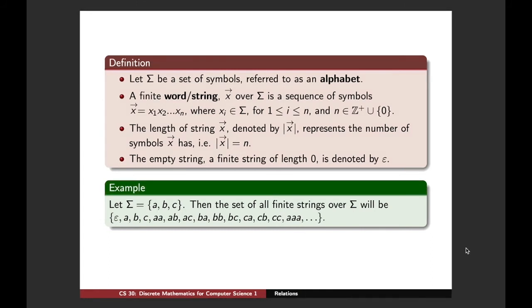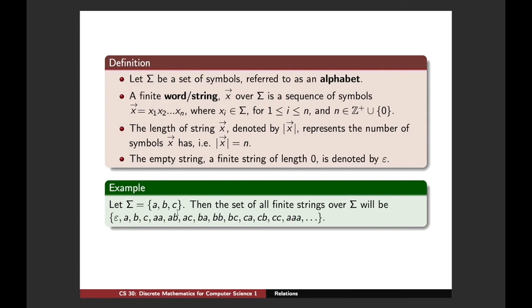Notice that the way I listed the strings in this set follows a pattern, right? So the 0 length first, and then the strings of length 1, the strings of length 2, and so on. And also, within each group, based on length, notice that the way I listed the strings actually uses the way the symbols are listed in this alphabet.